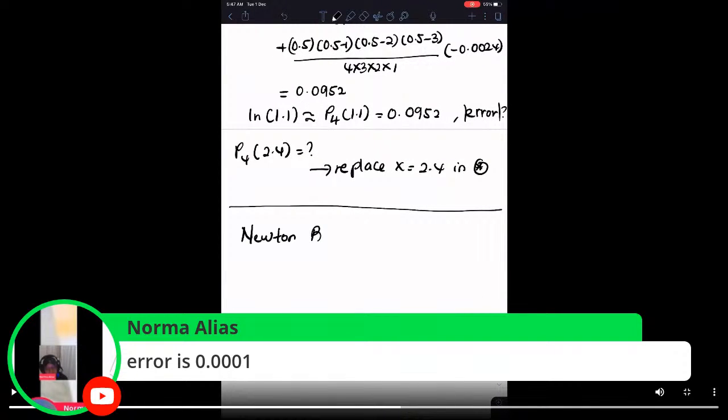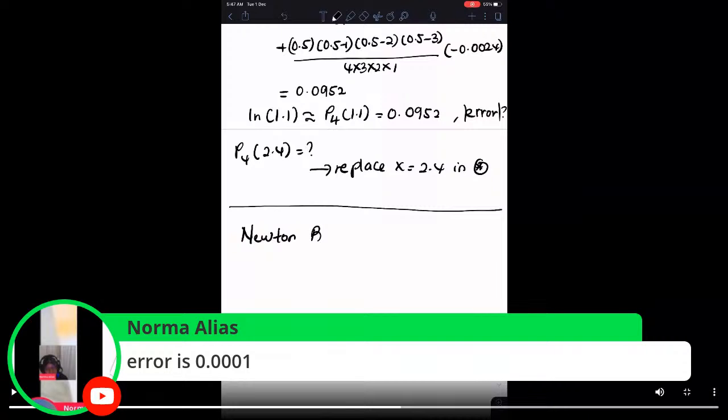I hope you can try this exercise. My question is how accurate is ln 2.4 with Newton forward difference interpolation.